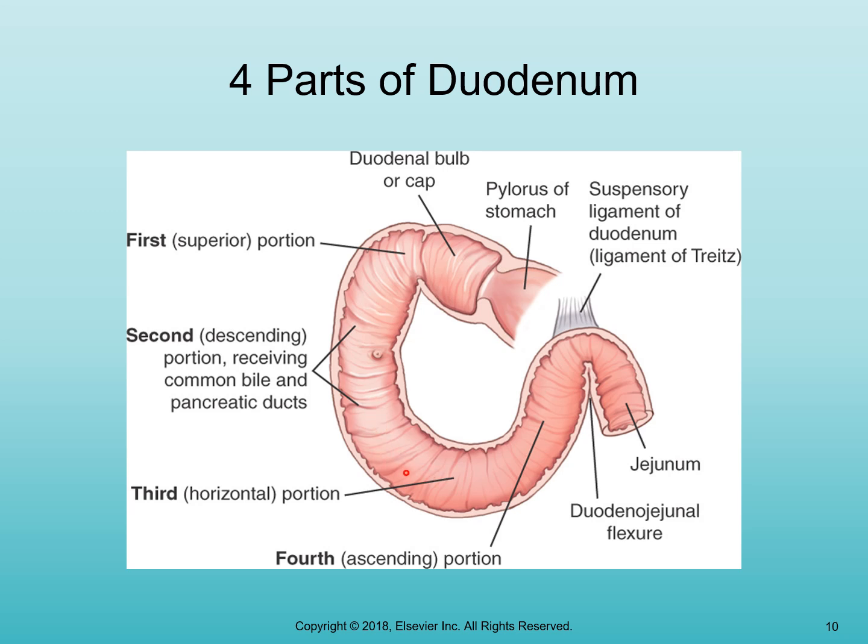Then you've got the horizontal portion, and then the ascending portion. So in that short 10-inch span, you've got 4 sections: the superior, the descending, horizontal, and ascending. And that leads into the jejunum, which is the second portion of the small intestine that has the microvilli in there that make it appear feathery.